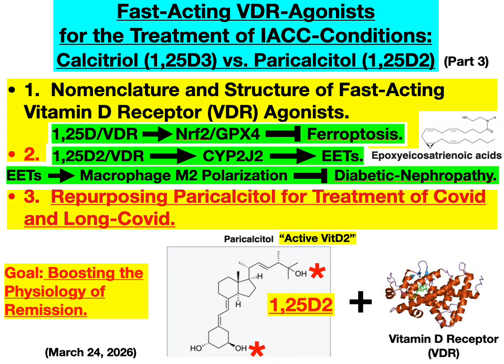In part 2 of this series, we reviewed how paracalcitol, 1,25 vitamin D2, can upregulate CYP2J2 to produce EETs. And in this paper, EETs were found to suppress the inflammatory phenotypes known as macrophage M1 phenotypes, pro-inflammatory macrophages. Instead, EETs promote the epigenetic trajectory leading to the M2 polarization of macrophages.